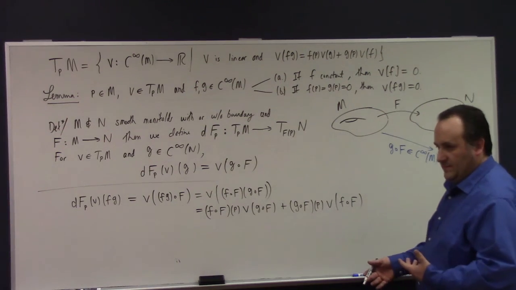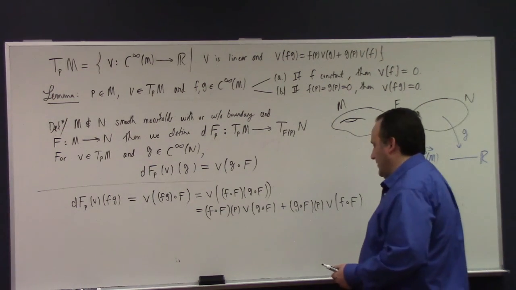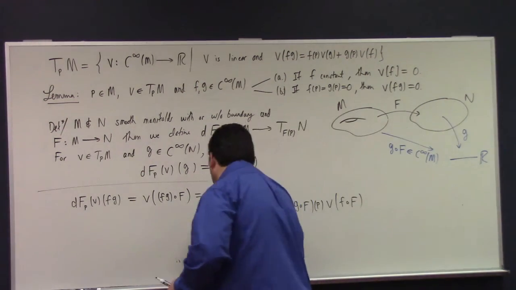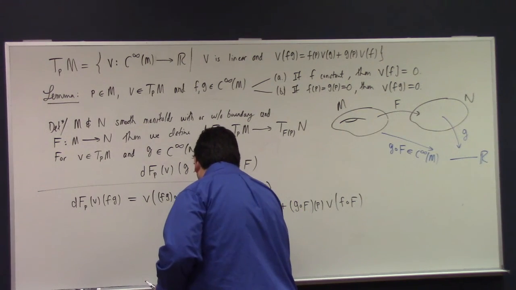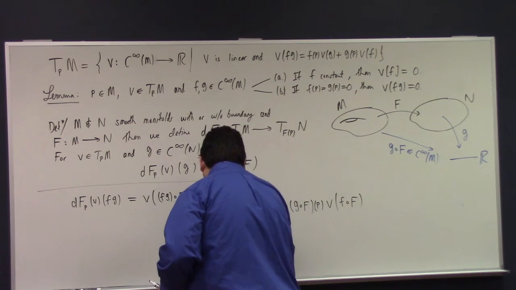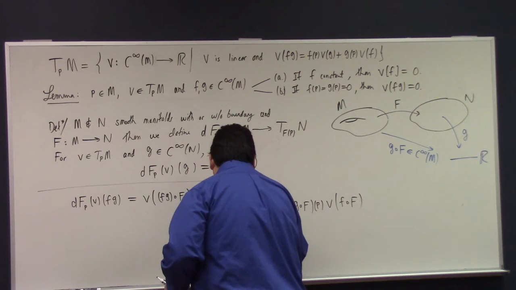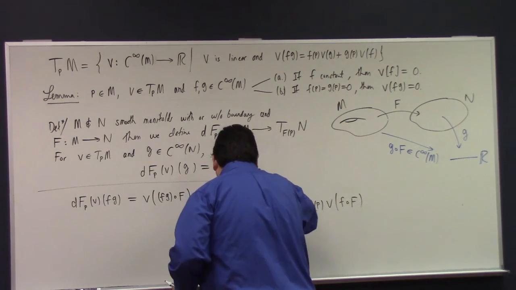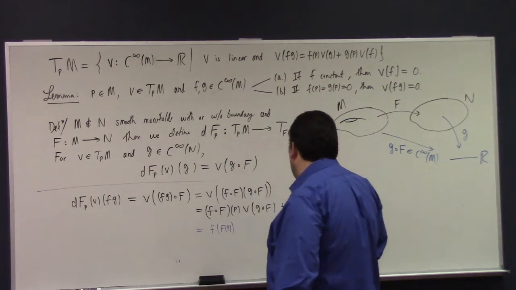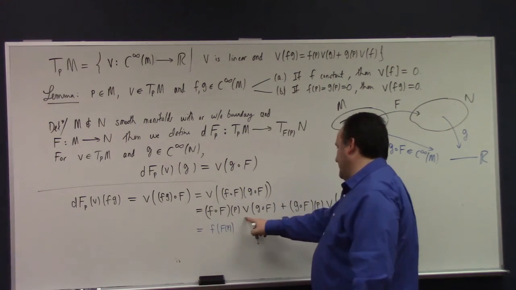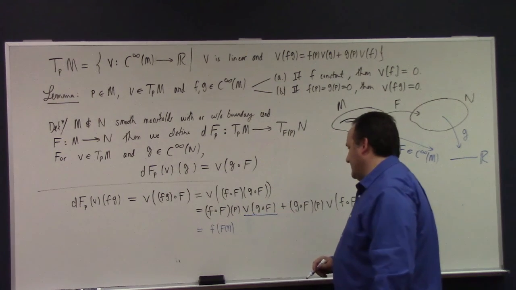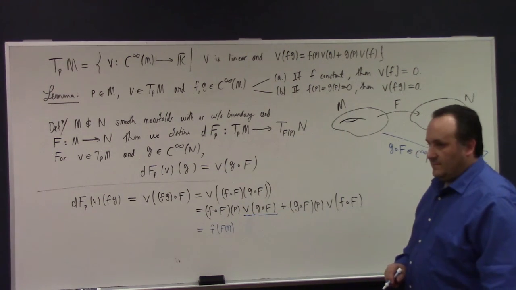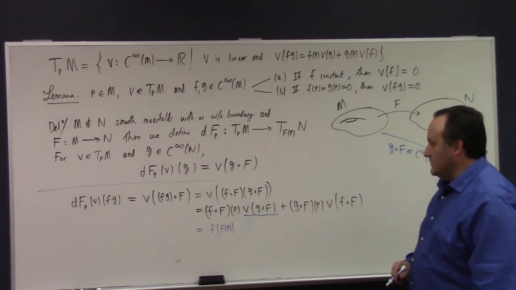Let me write it out. How does that work? What are we looking at? We've got F of big F of P times V of G composed with F, right? So that's that. But what is this? What is that?